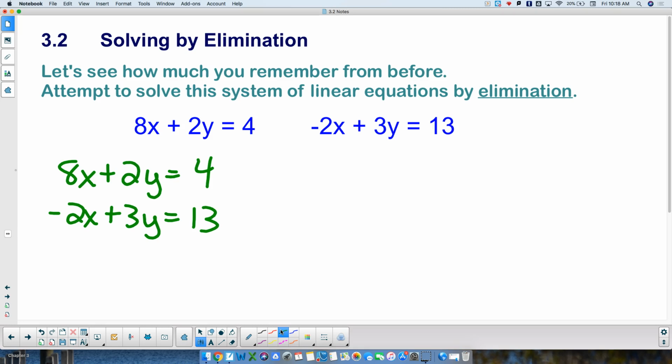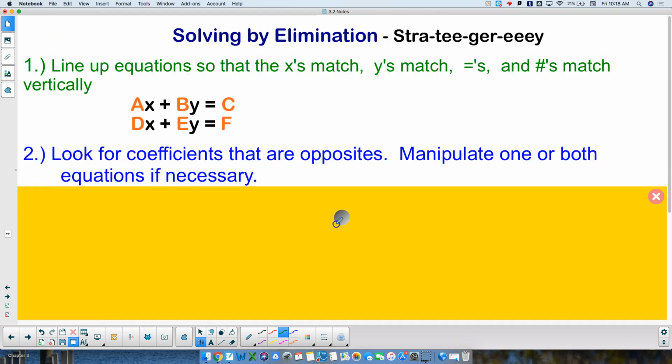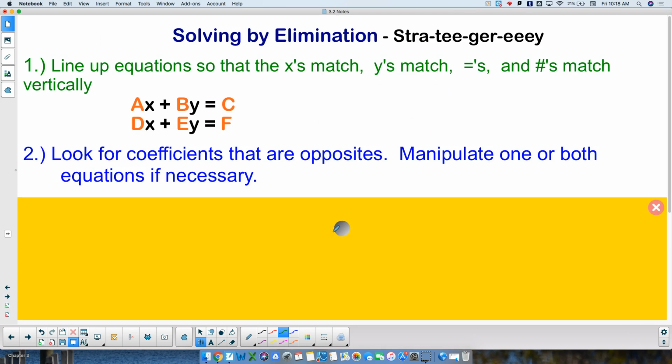Now, step number 2. What do you think we would do next, Sam? One of the variables to cancel out. Now we're going to manipulate one or both of our equations so that we have the same number in front of one of the variables, one positive, one negative.